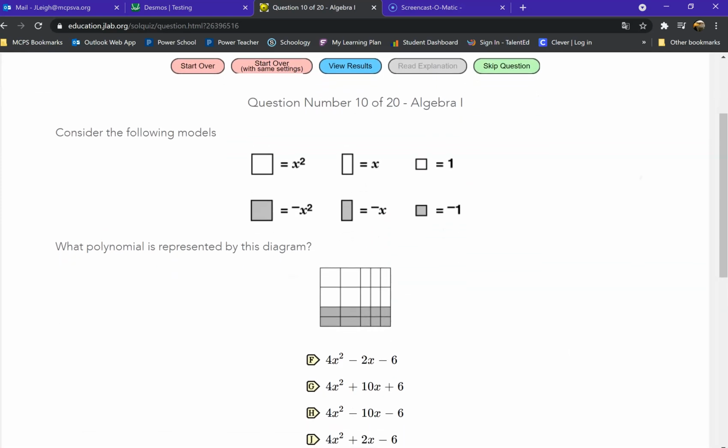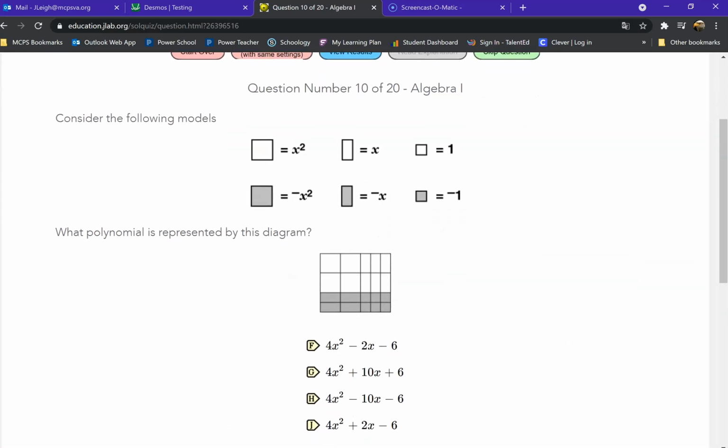Consider the following models. Okay. What polynomial is represented by this diagram? Alright, so it looks like I've got 4 right here of these x squared shapes.